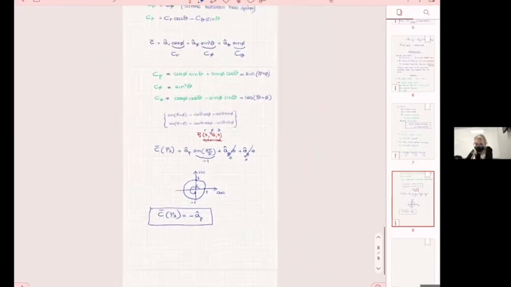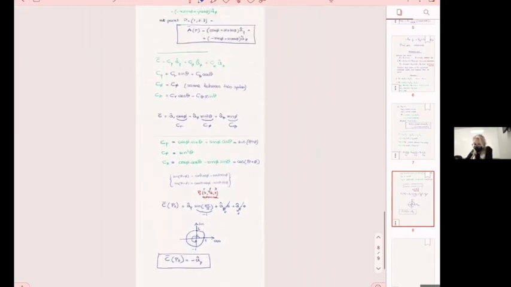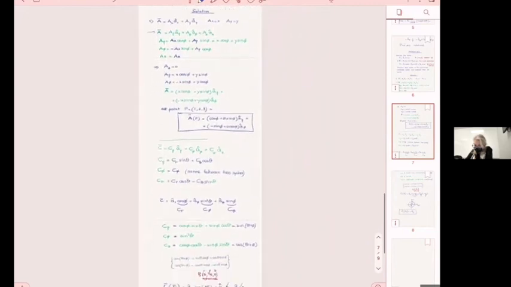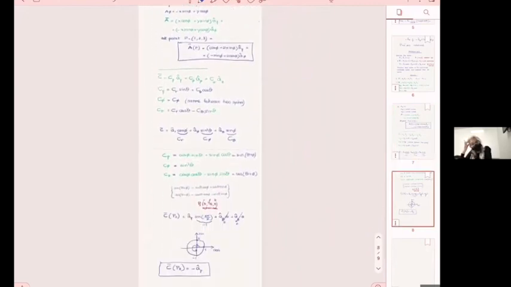Okay? That's how you solve these problems. Always use the book or look at the formulas to make sure that you use the right ones. But, you know, that's how you do the conversions.